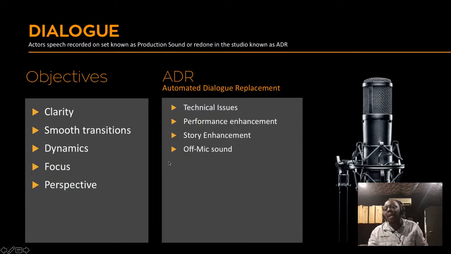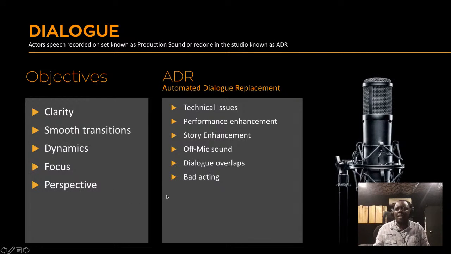And sometimes you don't get that stuff on set. We have dialogue overlaps, people talking over each other. It's very hard to capture on set, so it's very important people come back to the studio, and then we record those overlaps.